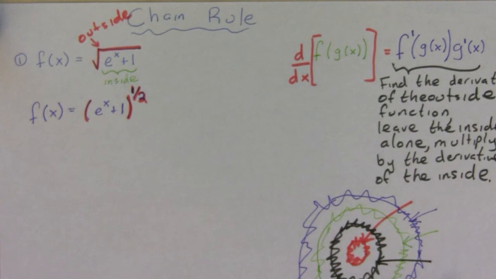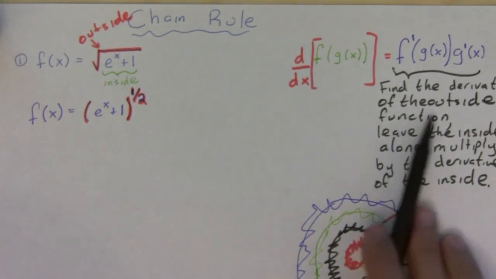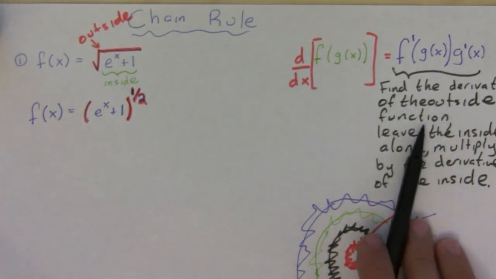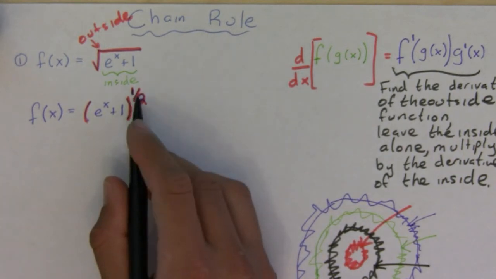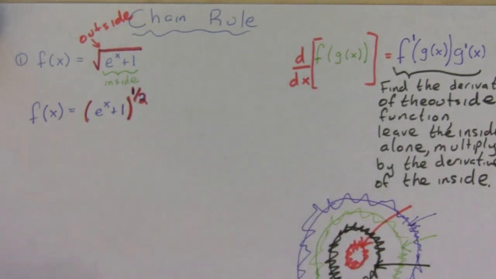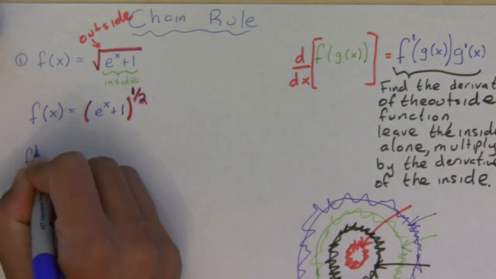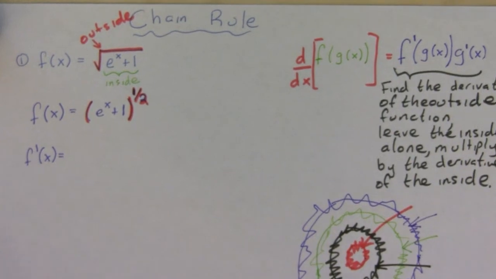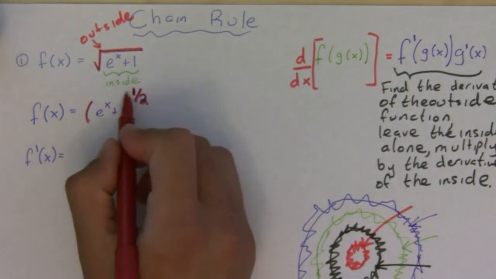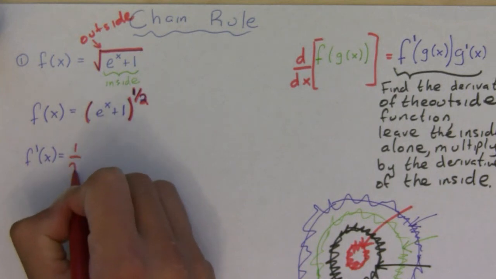Now let's try to use what we just talked about here in words. It says find the derivative of the outside function, which is this guy that's being raised to the 1/2. So that means I'm going to use the power rule. That means bring the 1/2 over to the front.